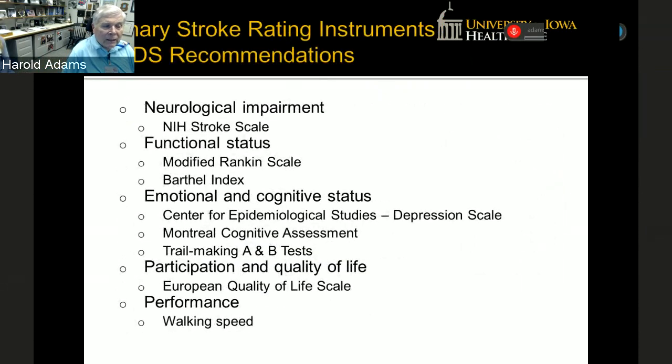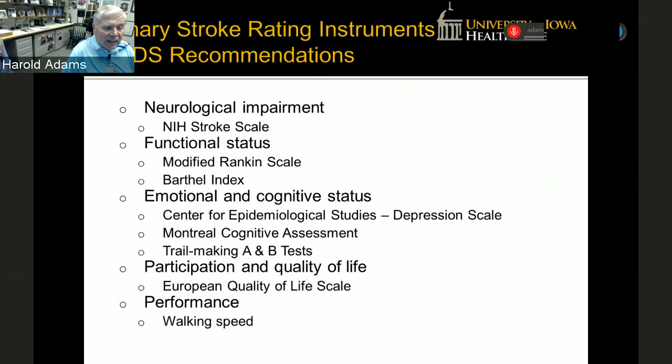Excellent. Now, to help coordinate studies and to compare them with other research programs, NINDS has made the following recommendations for researchers doing trials in stroke. For neurologic impairment, the NIH Stroke Scale.